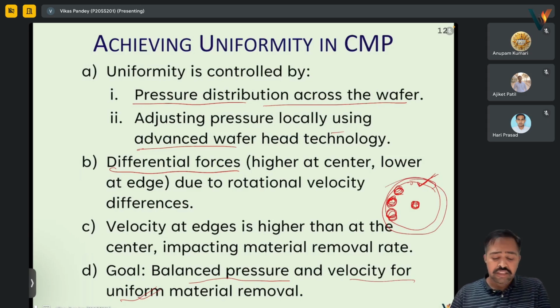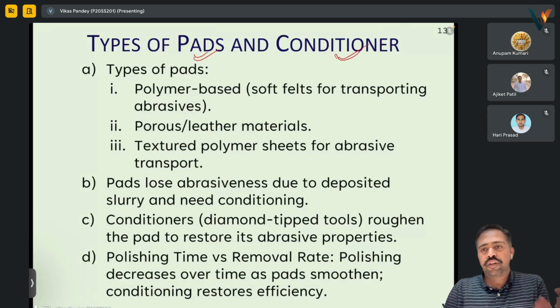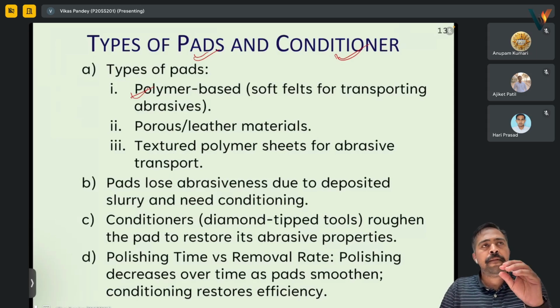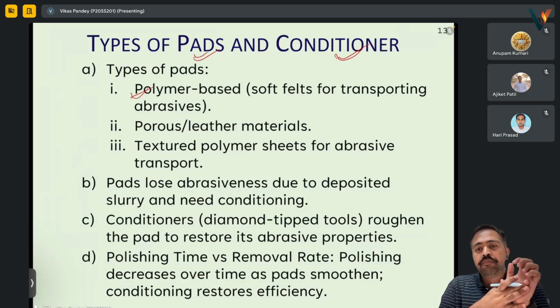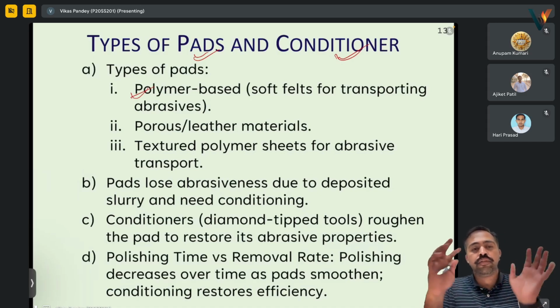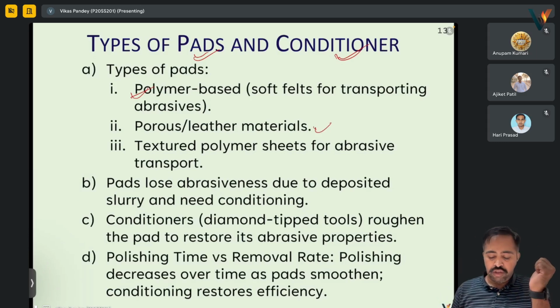So what are the types of pads and the conditioner used? Pads can be, one, polymer based, a soft polymer that is fine for transporting the abrasives, so that the abrasive materials, the slurry, can easily be transferred. Second type is porous or leather-based materials.